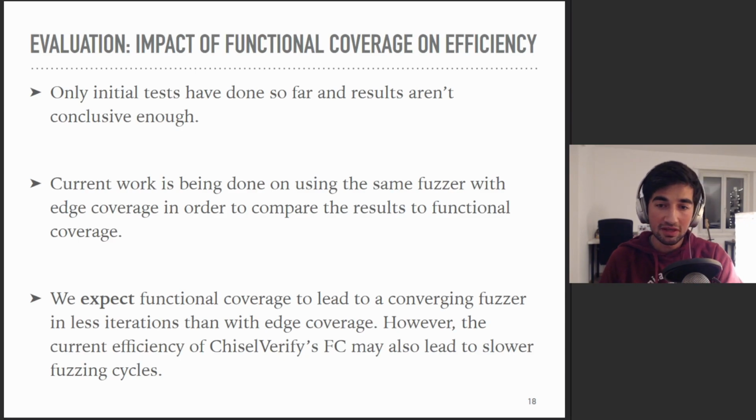Work is currently being done on enabling the use of edge coverage in our fuzzer so that we are able to easily compare it with the functional coverage counterpart. We expect that functional coverage will lead to a faster converging fuzzer. However, the low efficiency of our current functional coverage implementation still leaves a lot of room for improvement.